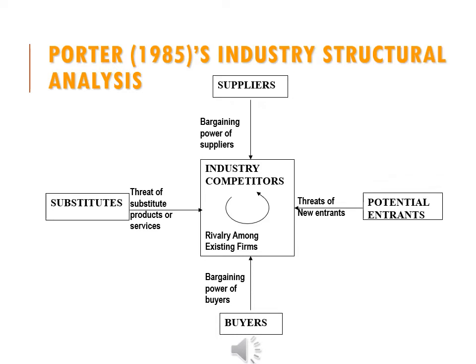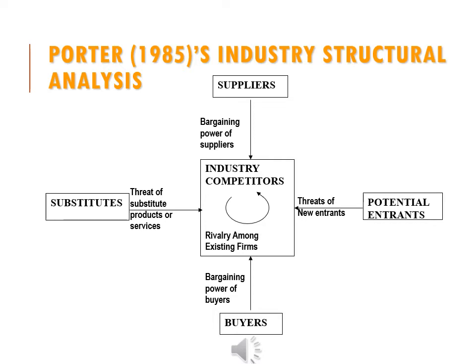On the horizontal level, it represents the horizontal competition, where you have substitute products competing with your industry. On the right side, you can see new players wanting to come into the industry. And on the horizontal level, there are also the industry competitors as well.